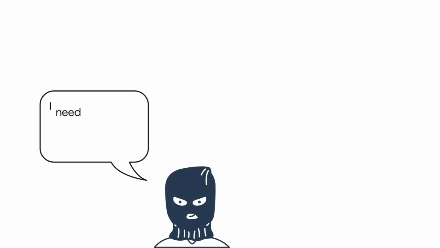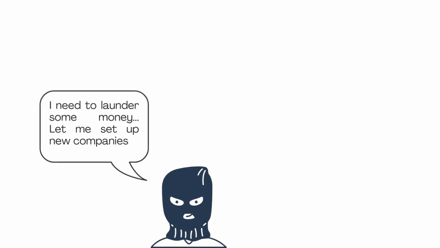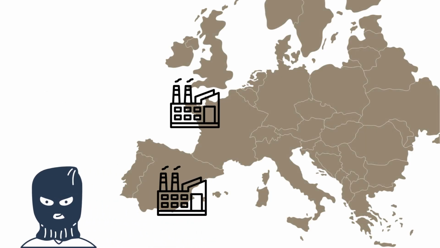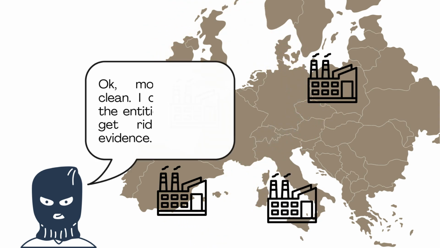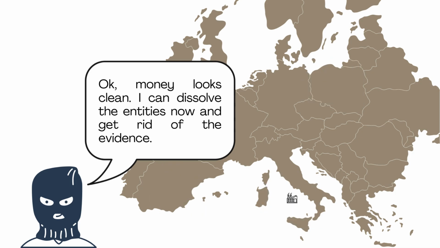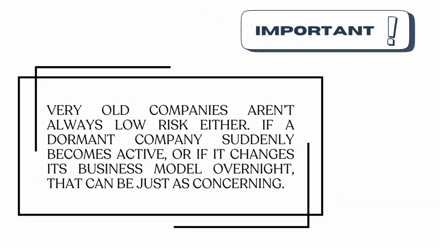Newly incorporated companies can sometimes be suspicious, especially if they immediately request high-value services or complex financial products. Criminals often set up fresh shell companies just to move money. On the flip side, very old companies aren't always low risk either. If a dormant company suddenly becomes active, or if it changes its business model overnight, that can be just as concerning.